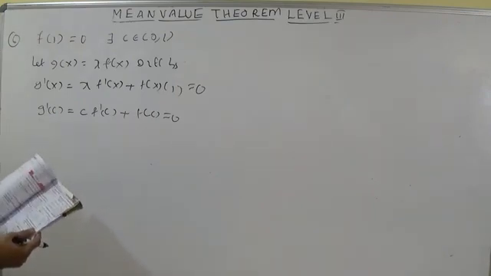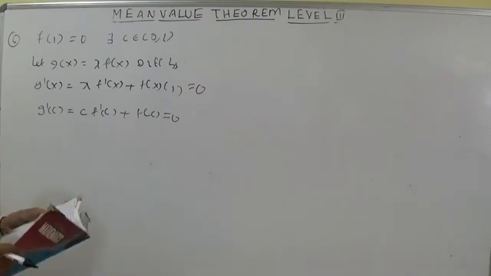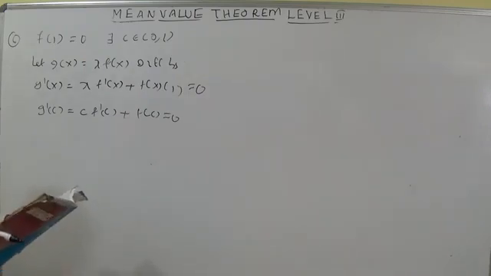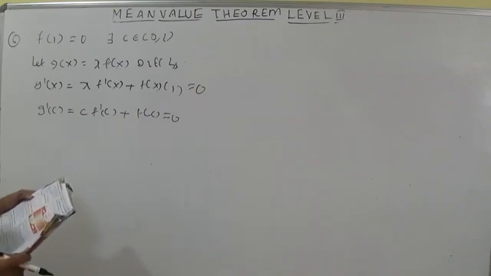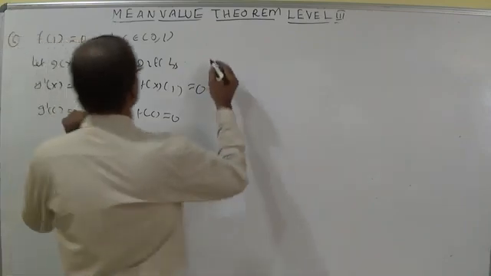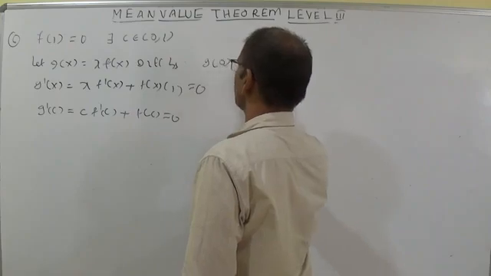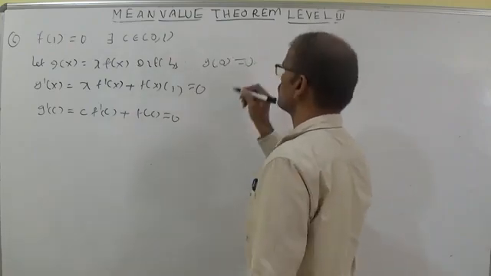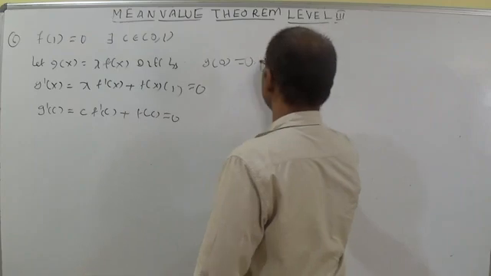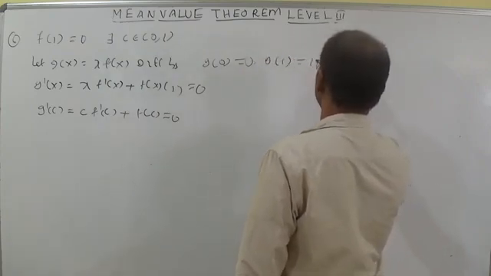So f of 1 is equal to 0. Let us verify why we have taken it like this. Sixth question, he has given the fourth option. F of 1 is 0 as given. Let us check g of 0. Yes, g of 0 is equal to 0, because we substitute 0. Next, g of 1 means 1 into f of 1.